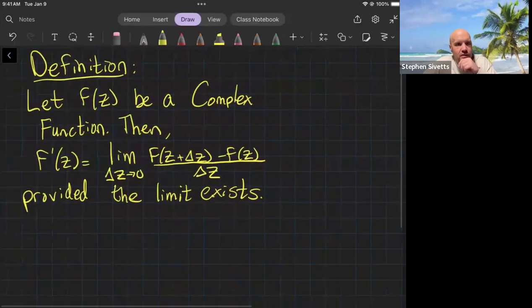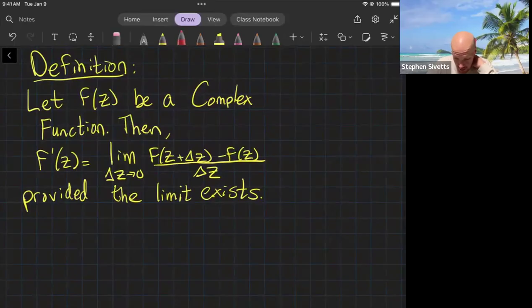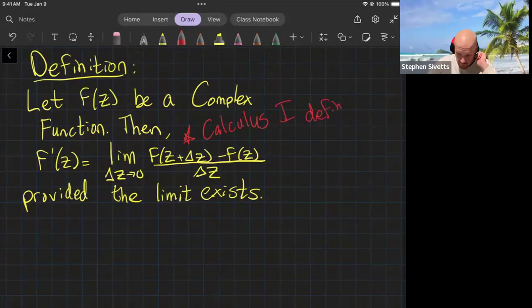So this definition really harks back to calculus 1 and the definition of the derivative, right? But in 2 dimensions, you're looking at the limit of slopes of secant lines. So this definition just reflects the calculus 1 definition of the derivative.